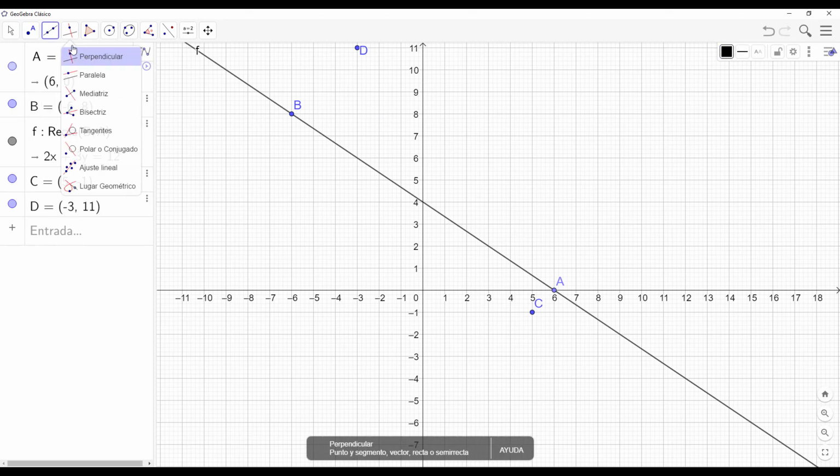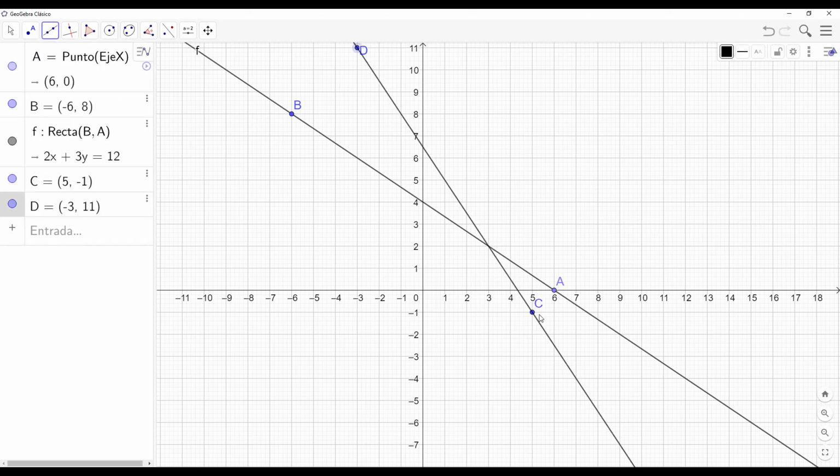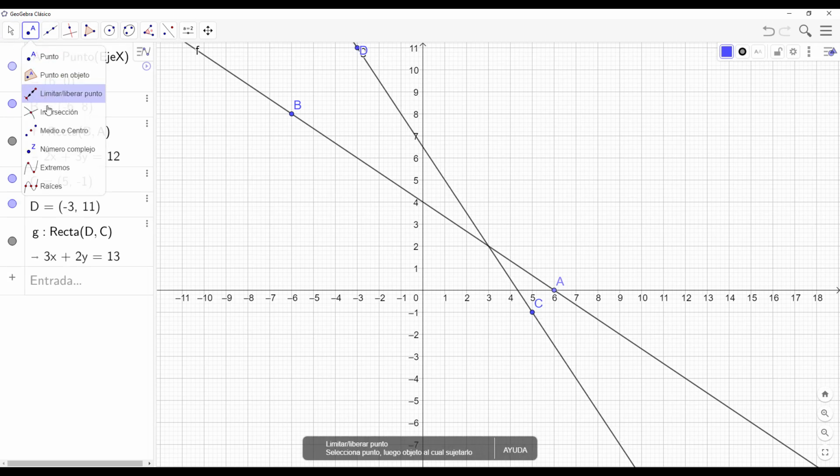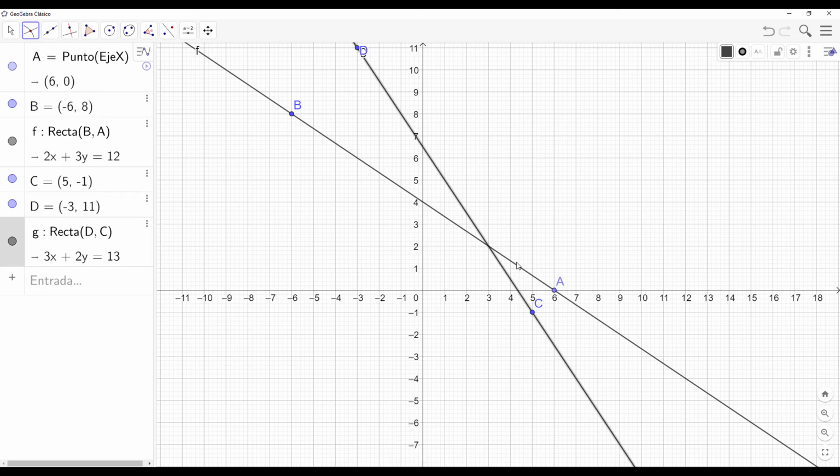This is another line here. So the solution of that system is the intersection: 3, 2.